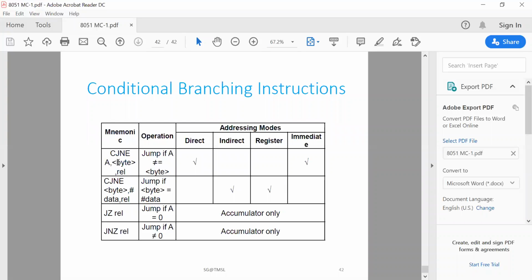If A is not equal to 04, then only jump to such memory address. Is it clear? Or this can be given as JC, JZ, JNC, JB, JNB, this type of conditional jump instructions.